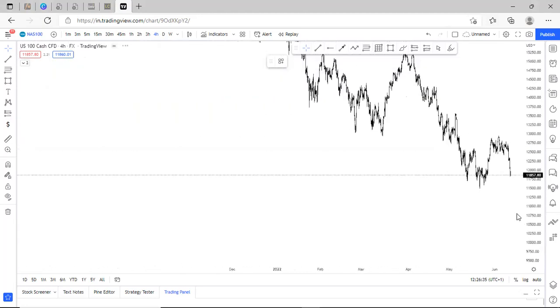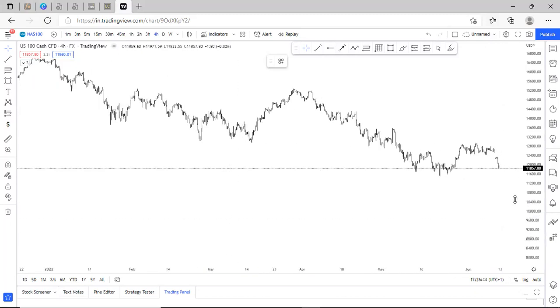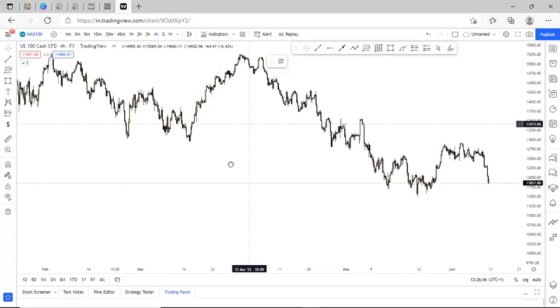Okay, so I'll do a breakdown from the higher time frame down to the lower time frame. So as you can see on Nasdaq, this is the 4 hours time frame.